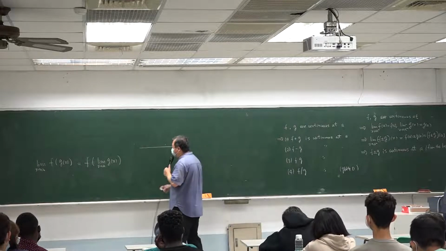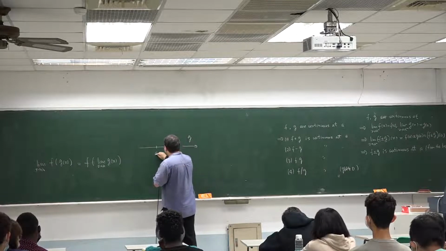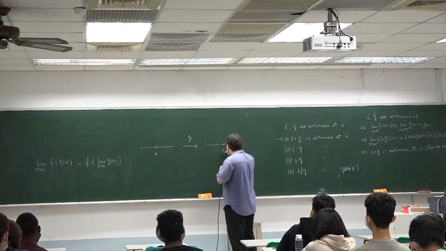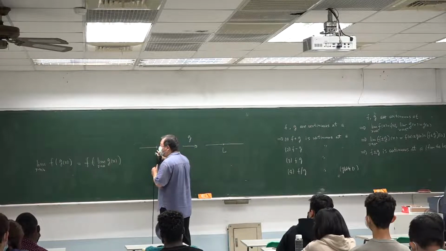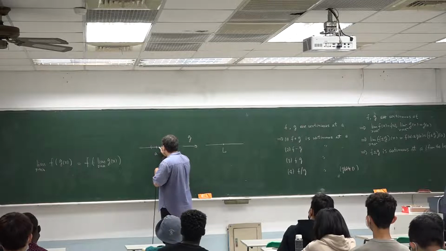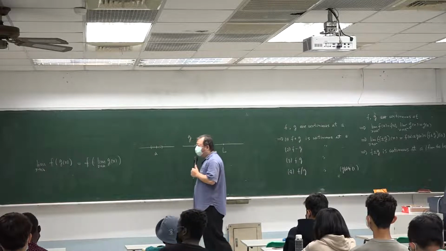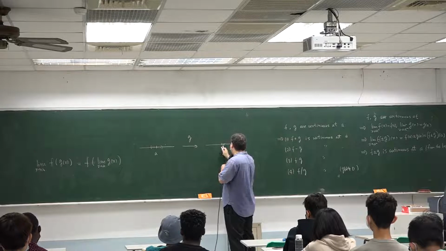Now, suppose the limit of G at some point A is the number L. This means G may be defined or undefined at A, but is defined on some neighborhood of A. And the values of G on this small open interval may be very close to L, maybe from the left, maybe from the right, maybe both.